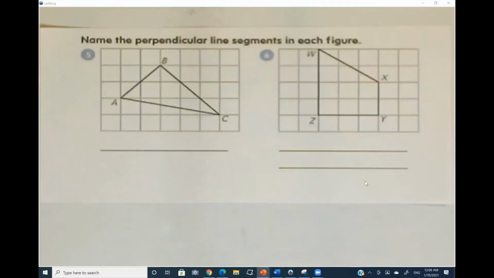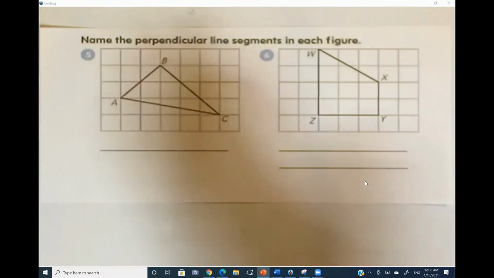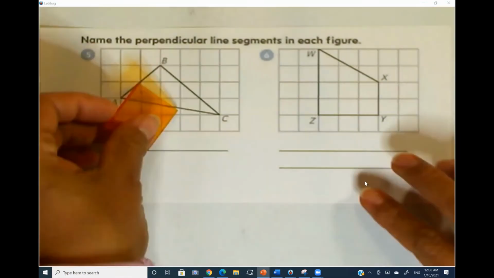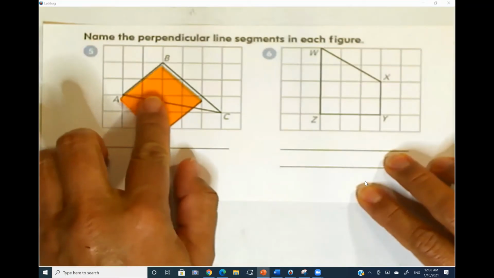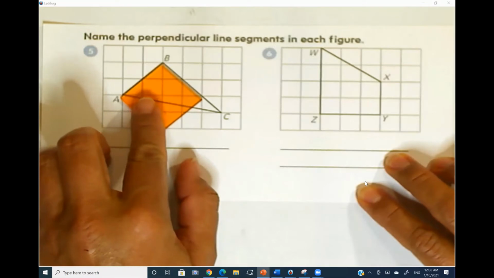We can find perpendicular lines inside geometric shapes. For example, this triangle. If I fit my square, I can notice that it's forming one set of perpendicular lines.